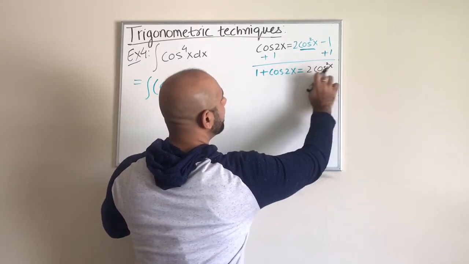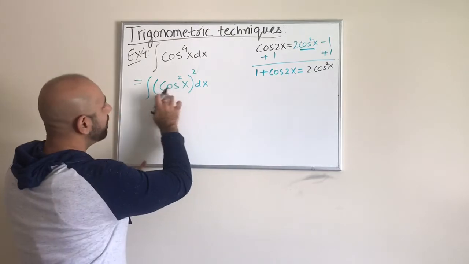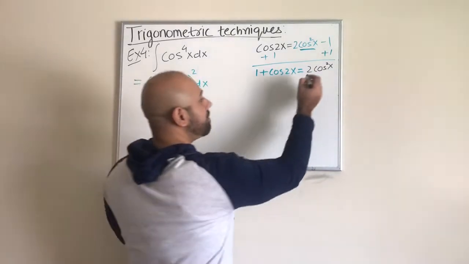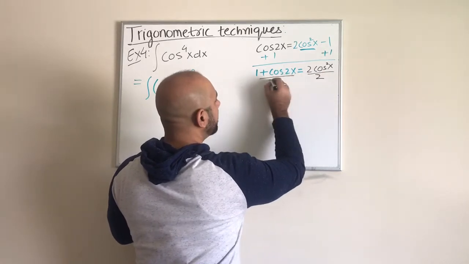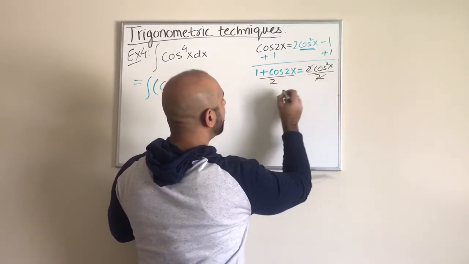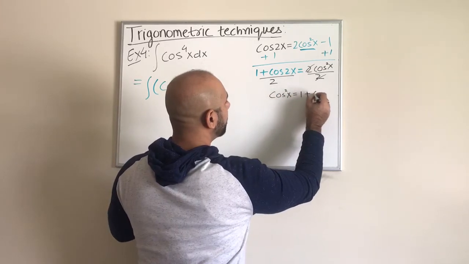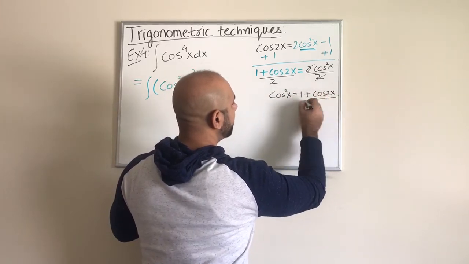But I'm only interested in cosine square x, so in order to get it by itself, I have to divide both sides by 2. This 2 crosses out. What do I have? I have cosine square x equals 1 plus cosine 2x divided by 2.